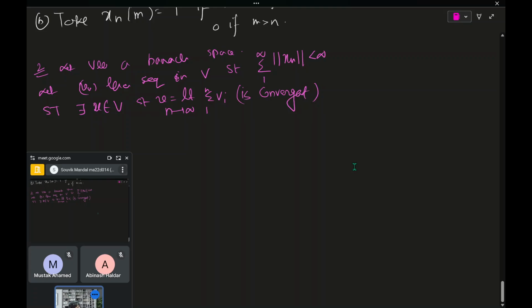So now the solution. Since the summation from 1 to infinity of norm v_n is finite, the sequence of partial sums, the summation from k equal to 1 to n of norm v_k, is Cauchy.